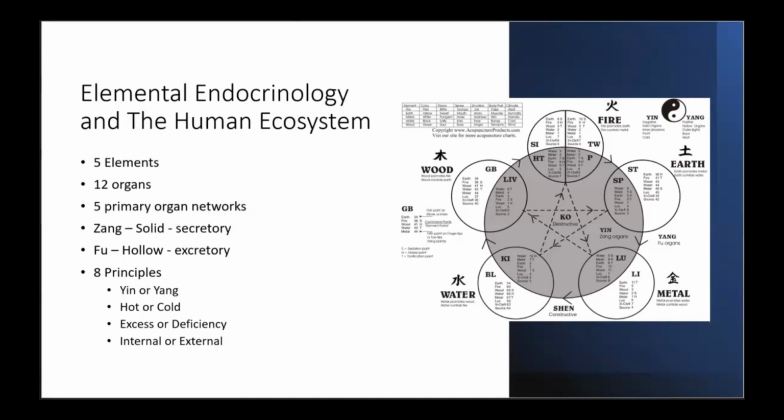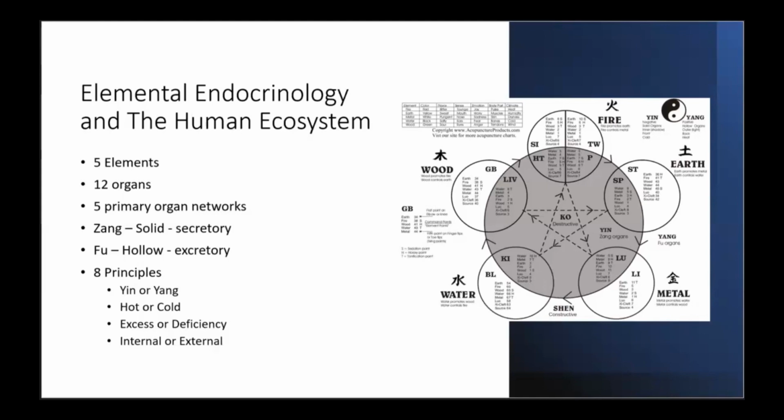The heart is the secretor, and then the small intestine is the excretor. These are, again, hollow organs that are releasing material versus the solid organs that are secreting and making things. And then that basic concept is yin and yang. So the yin organ is the one that's solid, that's the secretor, that's making things. And the yang organ is the hollow one that's releasing. Does that make sense, everybody? You guys follow me? Okay, cool.